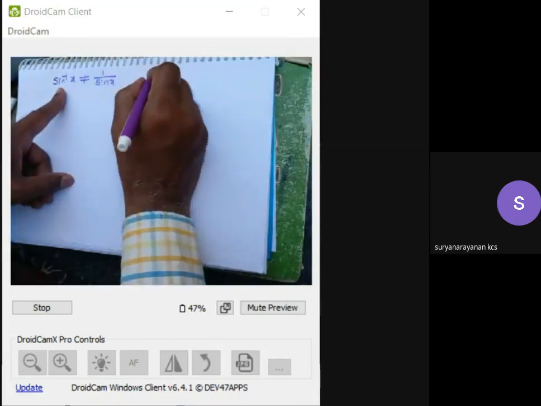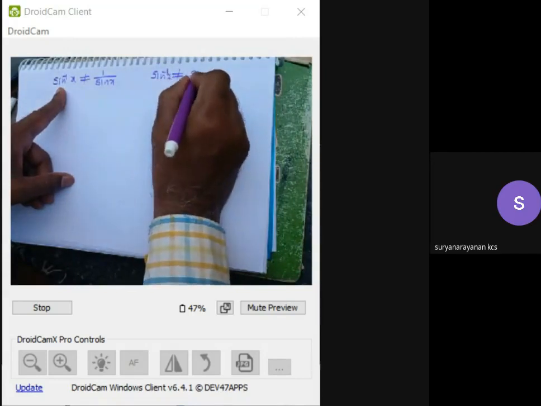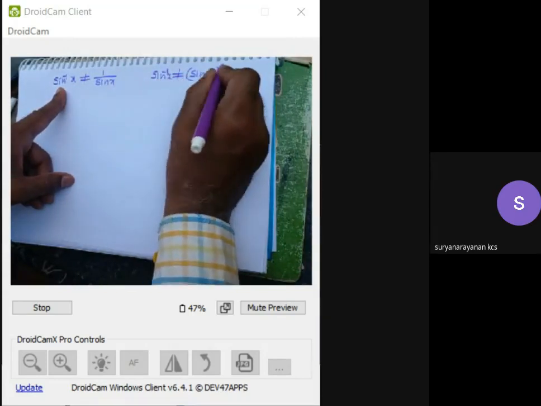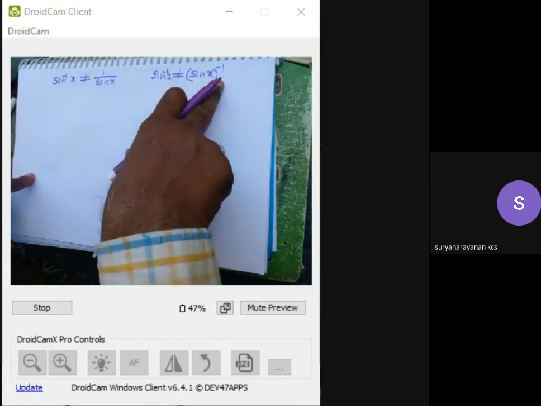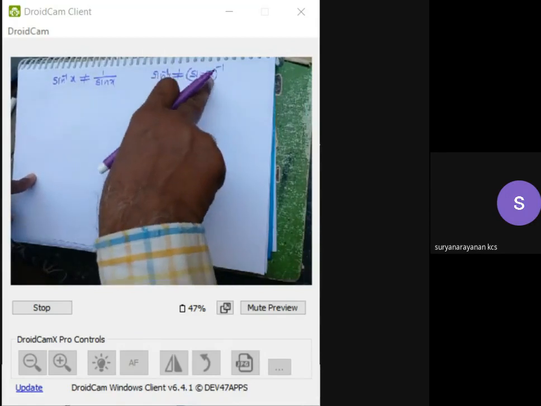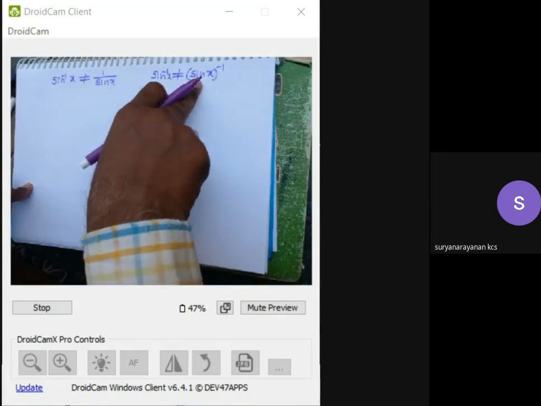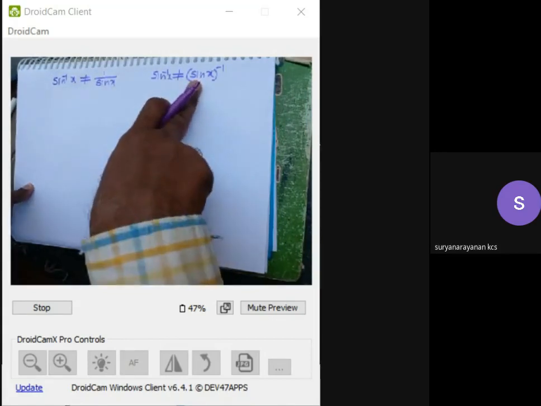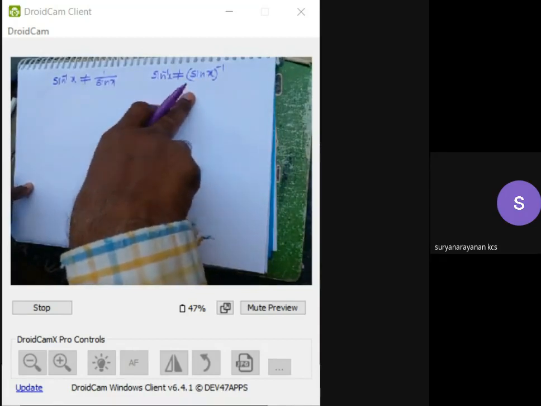Don't confuse here. Sin inverse x is not equal to sin x whole inverse. This is only reciprocal. At the time of inverse functions, I told you f inverse is not equal to 1 by f. Do you remember that point, my dear children? f inverse is not equal to 1 by f.